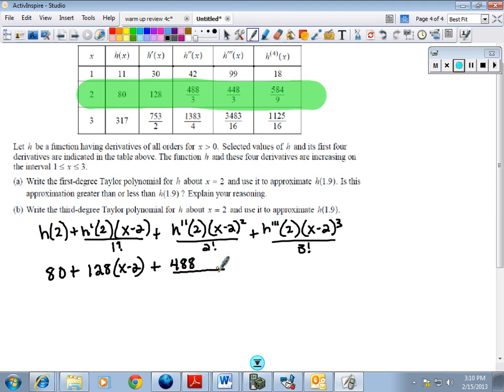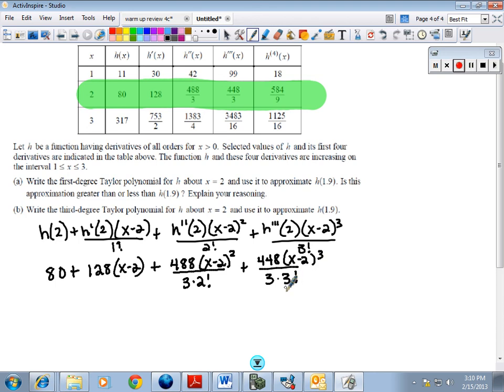I'm just going to put my 3 down here with my 2 factorial, times x minus 2 squared. Plus the next one is 448 over 3 times 3 factorial times x minus 2 cubed.